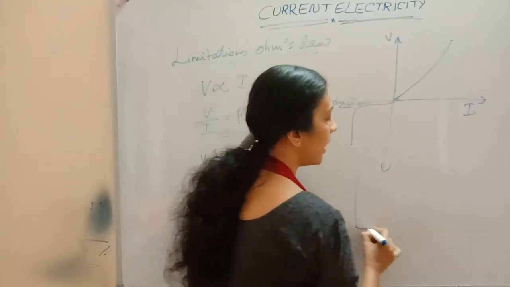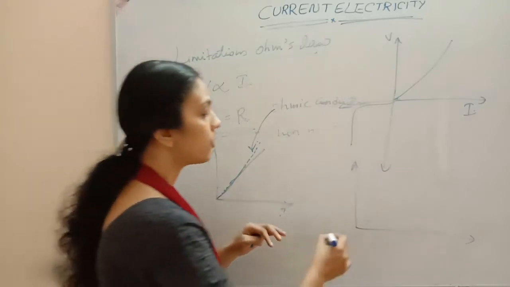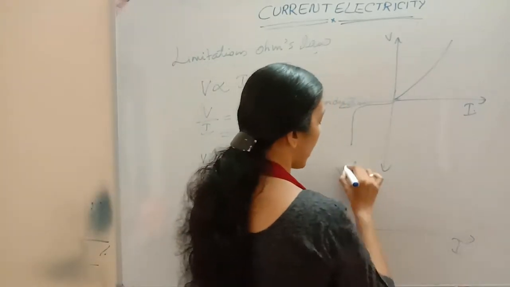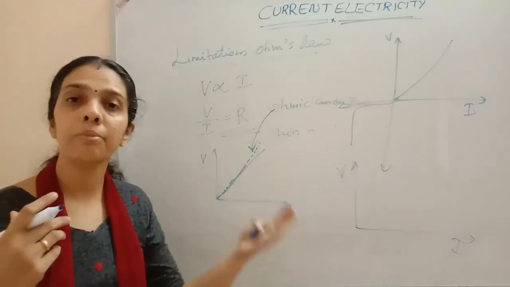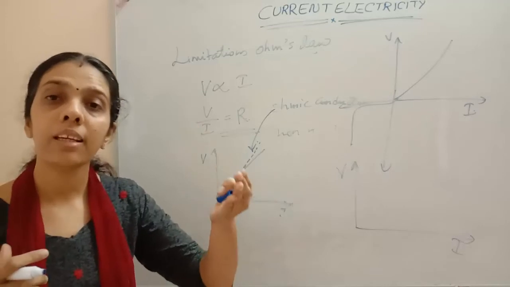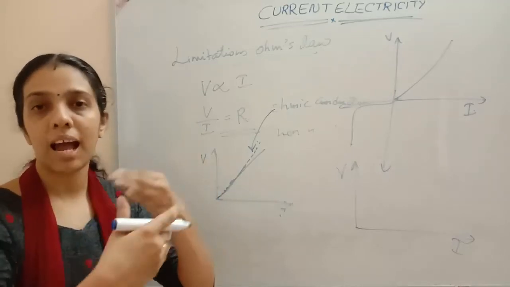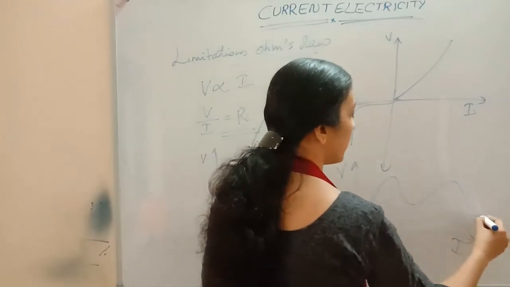Next, in the case of gallium arsenide and similar materials, for the same value of voltage, we will be getting many different values of current. Here it will be like this.